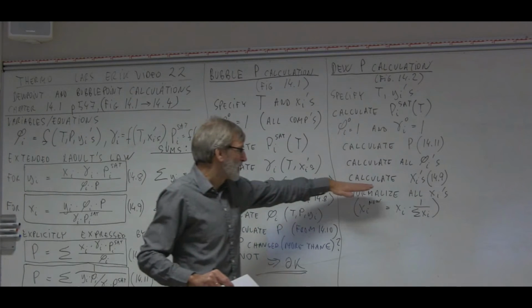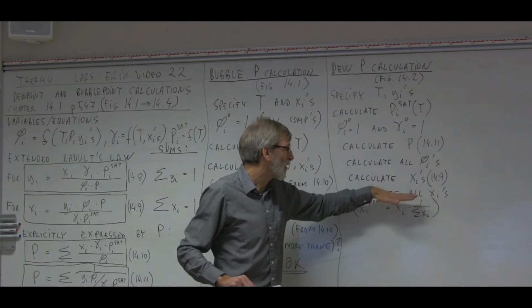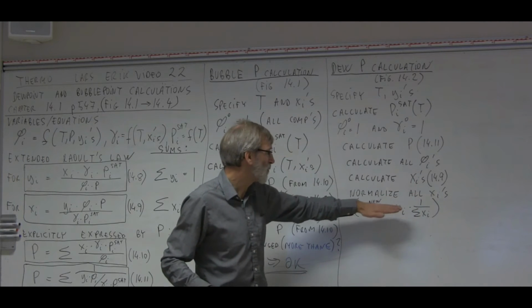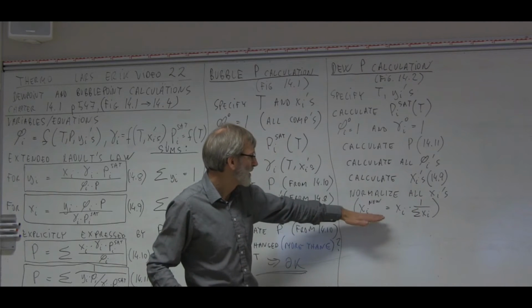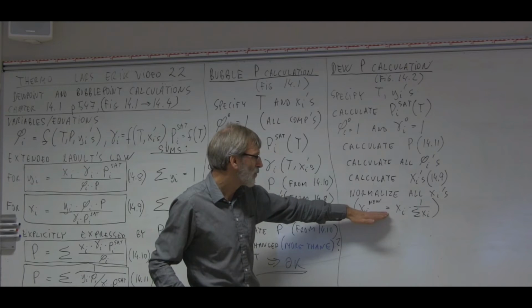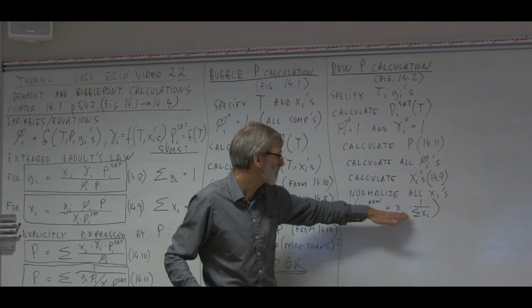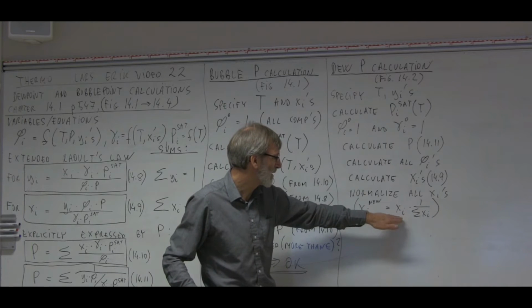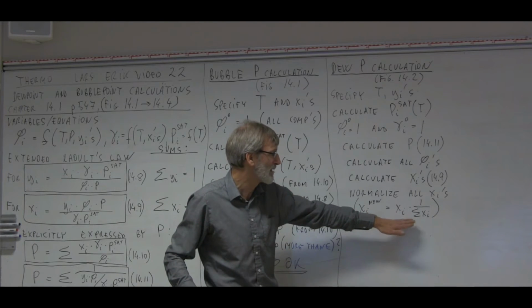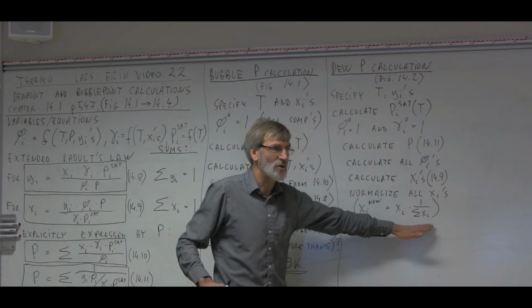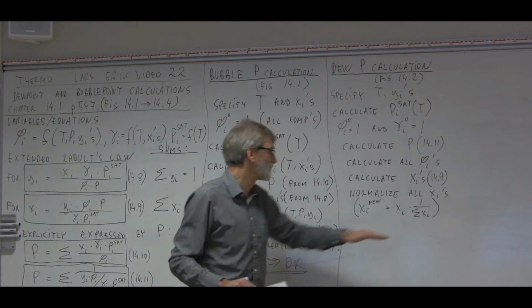So, to make sure that the sum of these x's are actually 1, we say that the new x's are normalized by taking the new x as the old x divided by the sum of all the old x's.